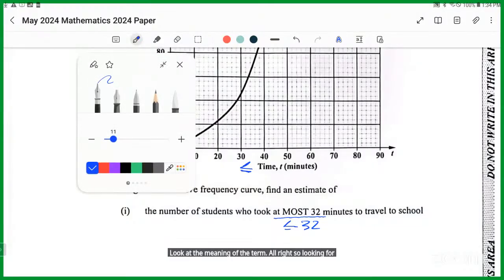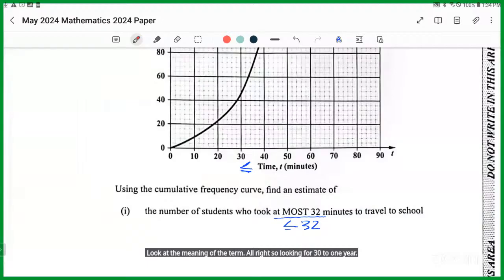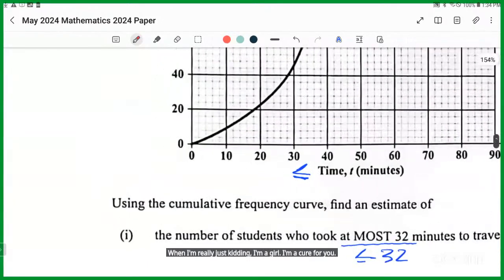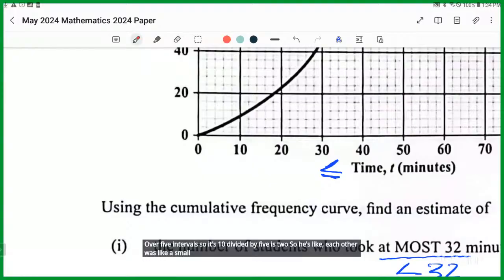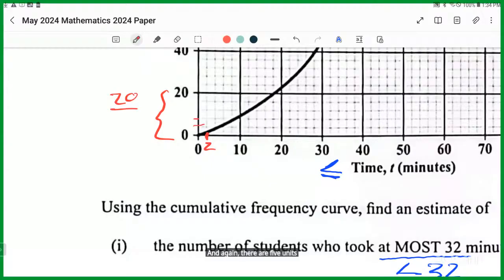And remember, when I read the scale of the graph, I'm careful. So here we have 10 units over 5 intervals. So 10 divided by 5 is 2. So each of those little small units here is 2. Then on the y-axis, we have 20, and again there are 5 units: 1, 2, 3, 4, 5.